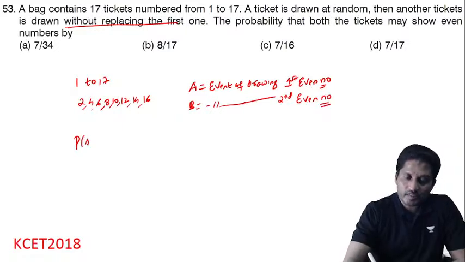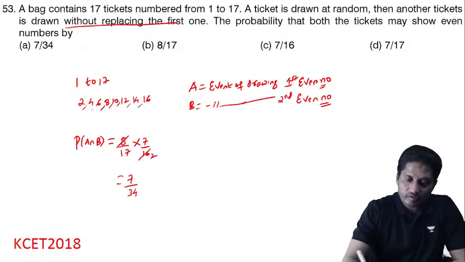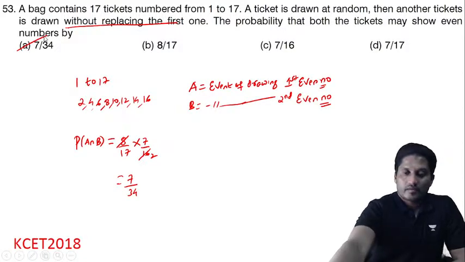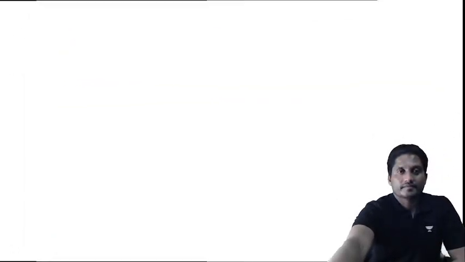Probability that both the numbers are even, right? Probability of drawing first even number is 8 divided by 17. Then probability of drawing second even number is 7 divided by 16. Cancel 2 times. Get 7 divided by 34. First option. Right, let's move to the next question.